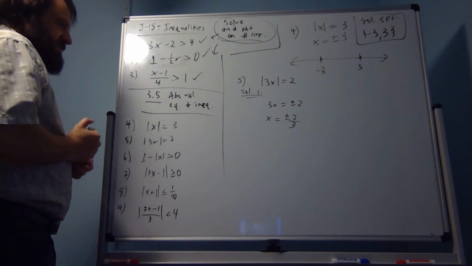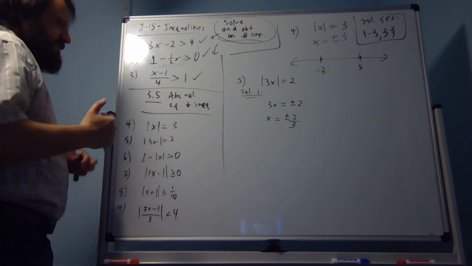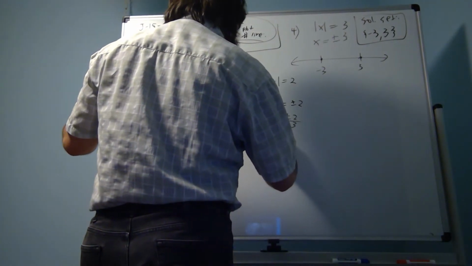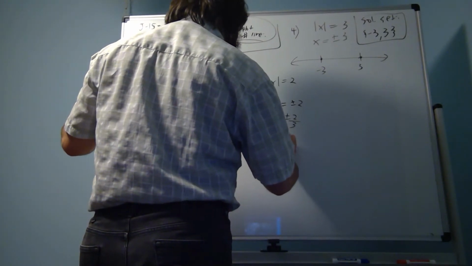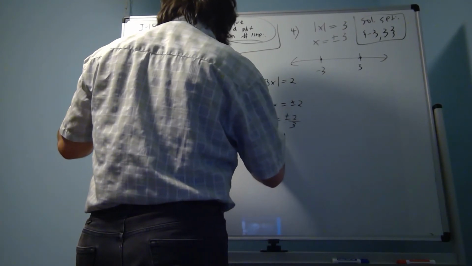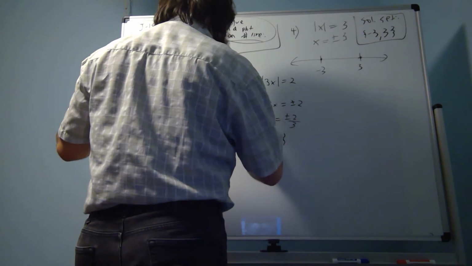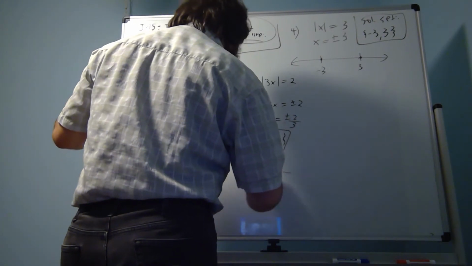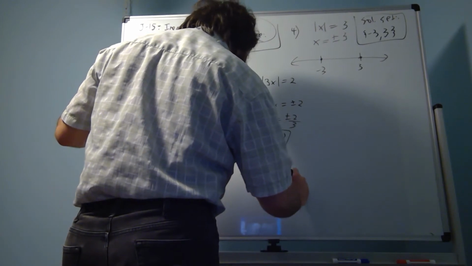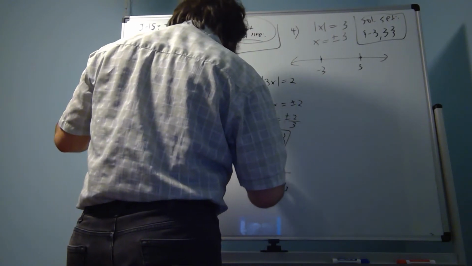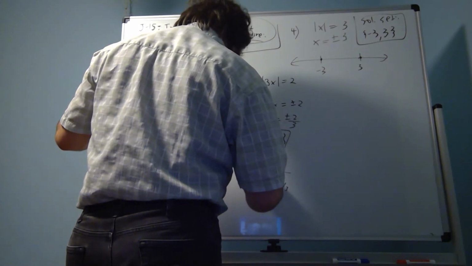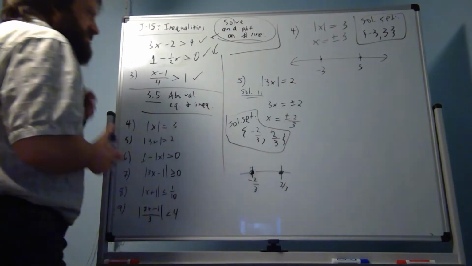Negative 2 divided by 3 is negative 2/3. So those two equations, nothing too weird happens. So you can just say negative 2/3 comma positive 2/3 is the solution set. And then the number line, so you have negative 2/3, just those 2 points.